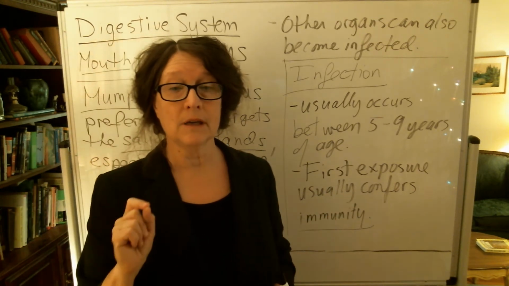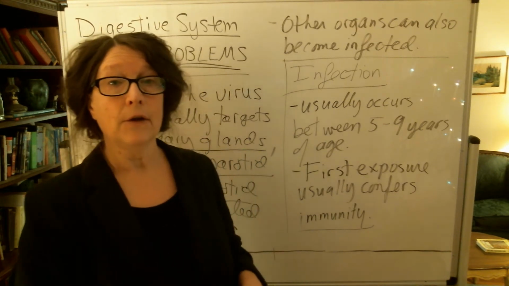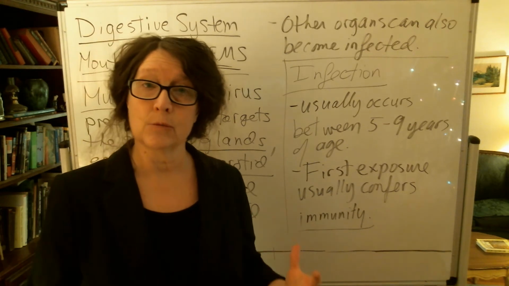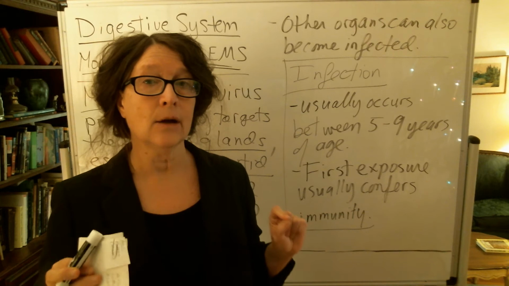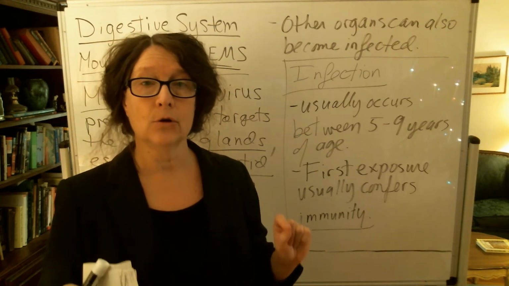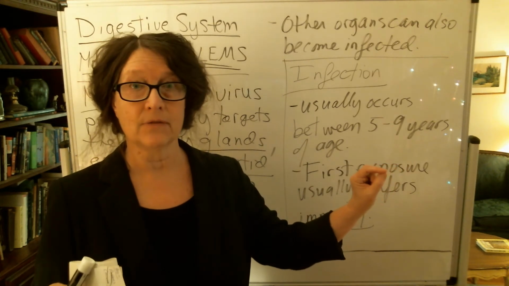So that is what I mean by first exposure usually confers immunity. Your first exposure to the disease, when you first get sick from it, if you live through that encounter, then your body knows how to make the antibodies to kill off the mumps virus.